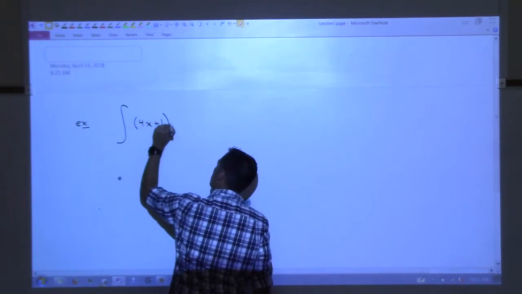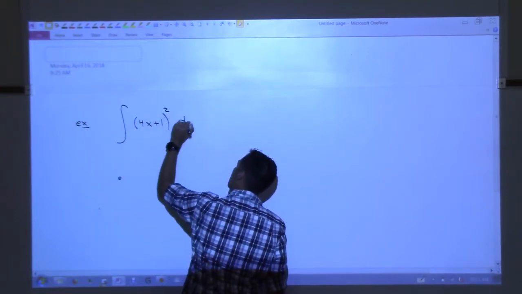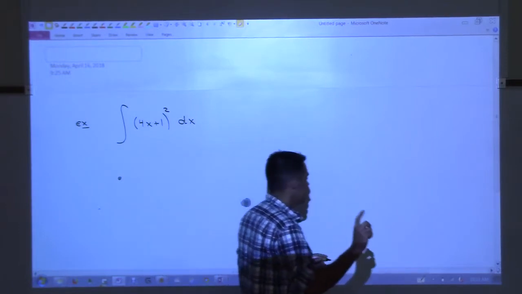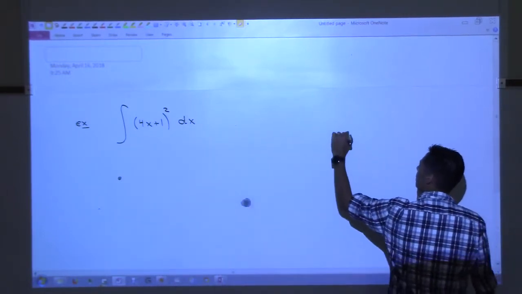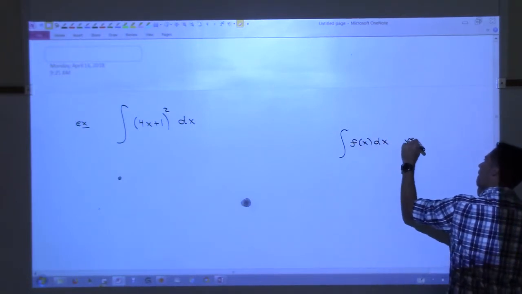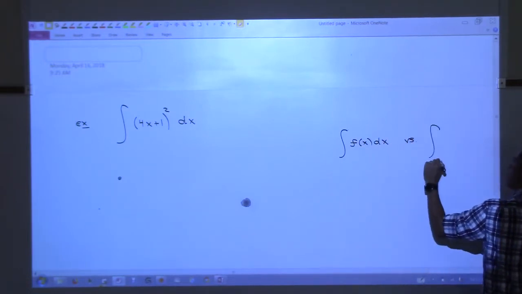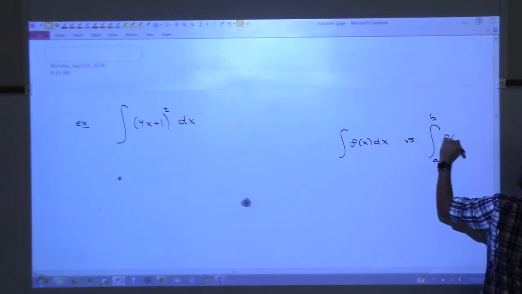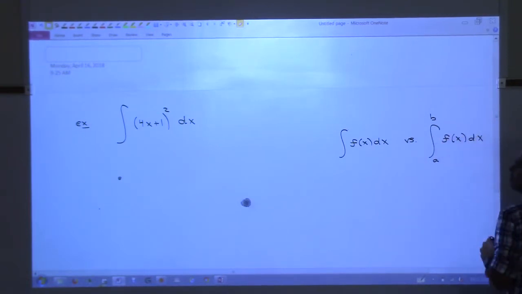I want to see what someone would do here. If I asked you to find the antiderivative, so I'm not doing the area, I should make this clear, that's versus this. Just so you make sure we can distinguish these.